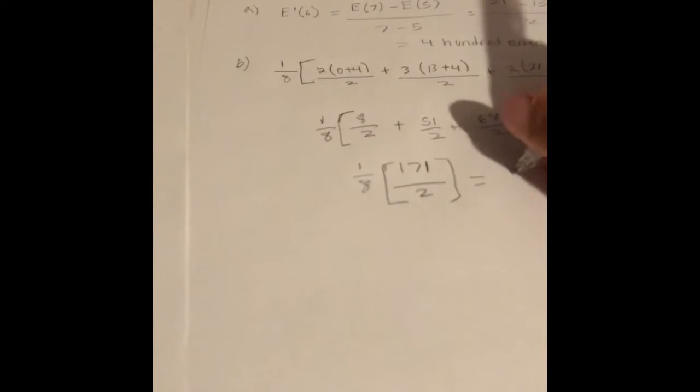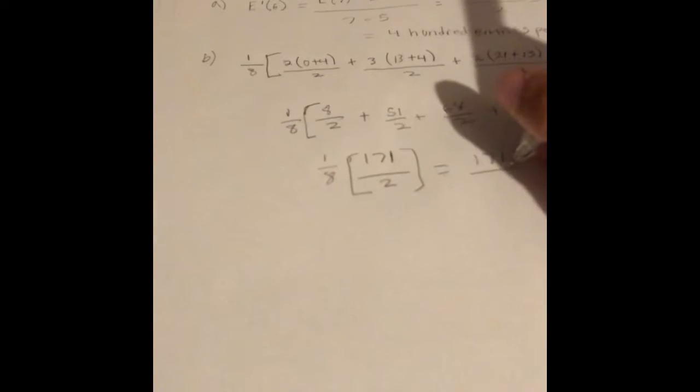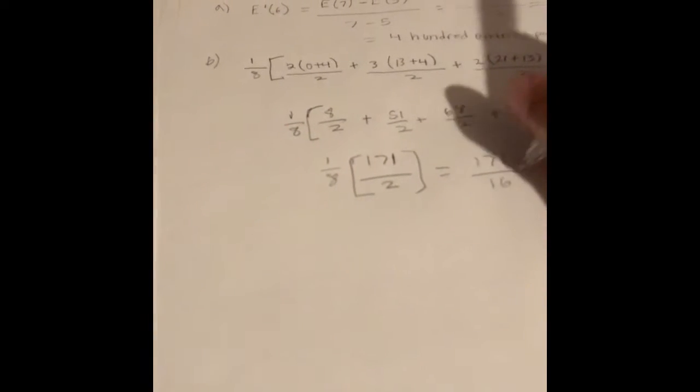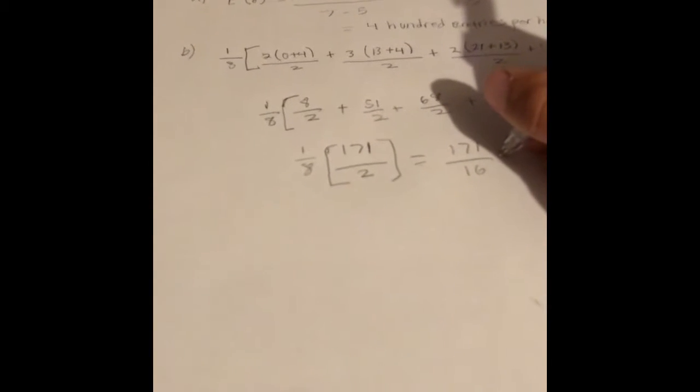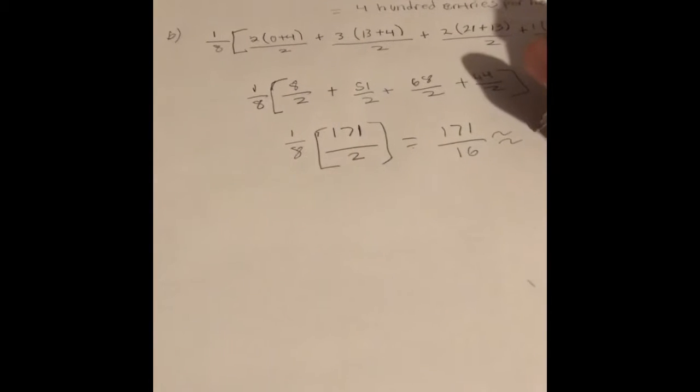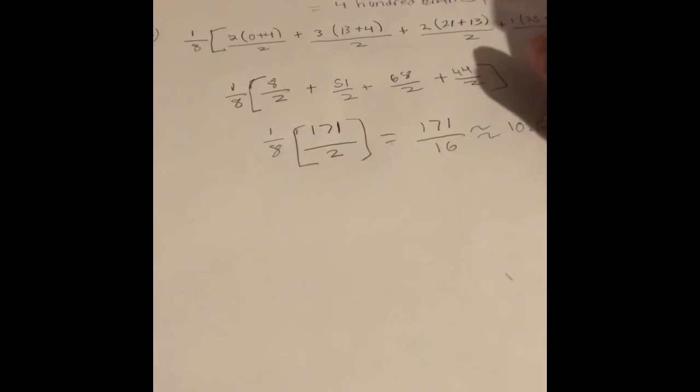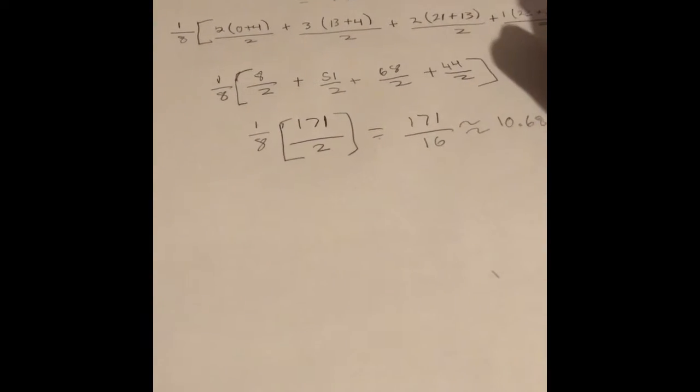Multiply that, you get 171 over 16, which approximately comes out to be 10.6875.